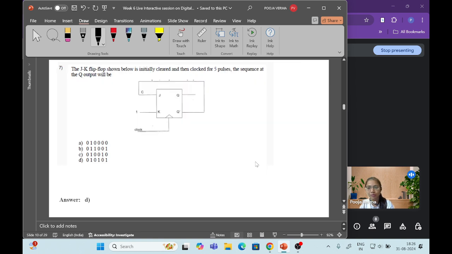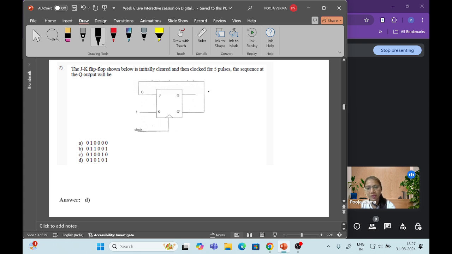Okay, so moving to the next question. The JK flip flop shown below is initially cleared and then clocked for 5 pulses. The sequence at the Q output will be? So it is clocked for 5 pulses.